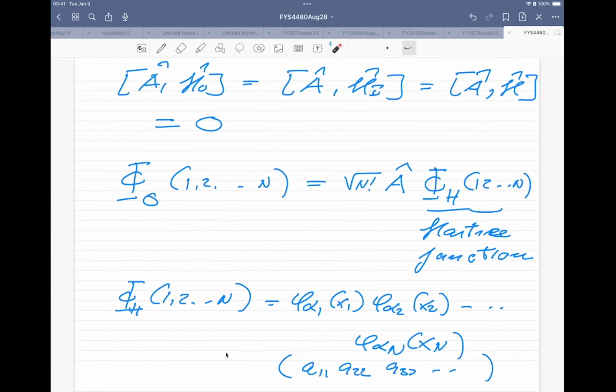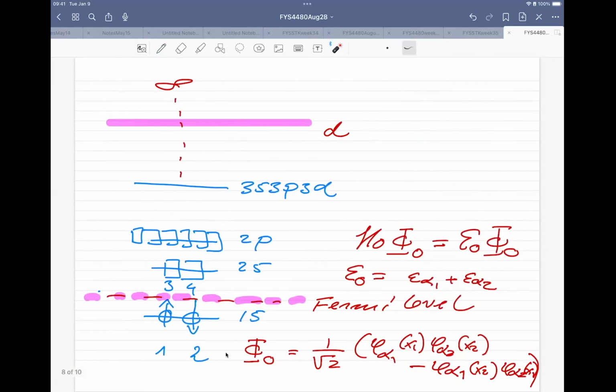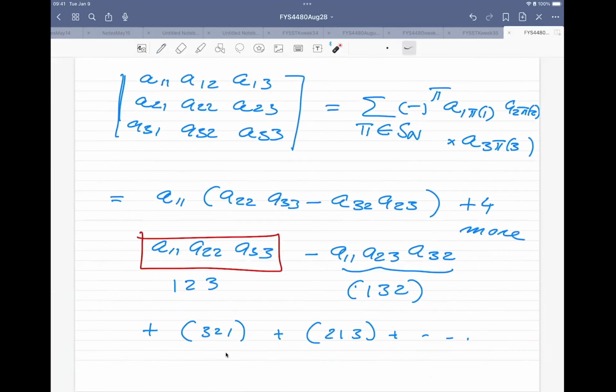And this is obvious because you don't want to keep track of all the possible ways you can order a determinant, because every one of these arrangements which you have, like these ones, so for a 3 by 3 determinant, you have 6 possible arrangements. And we would call these arrangements configurations.